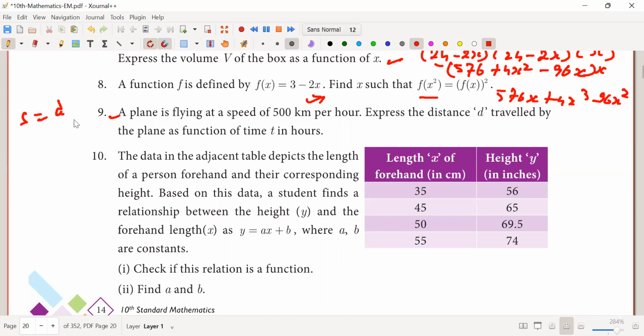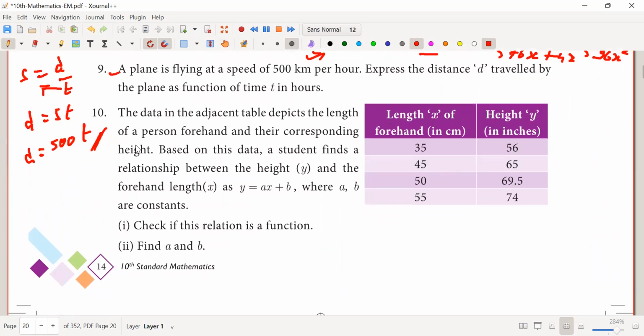Speed equals distance by time. So distance equals speed into time. So simple, 500t. That's what they asked. Nothing much.